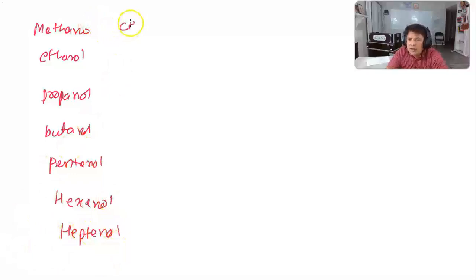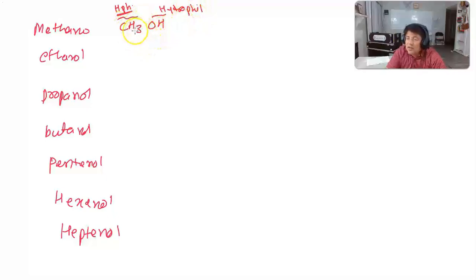Methanol means CH3OH. So CH3 is hydrophobic, and this is the hydrophilic part. This OH can make the hydrogen bond, right?